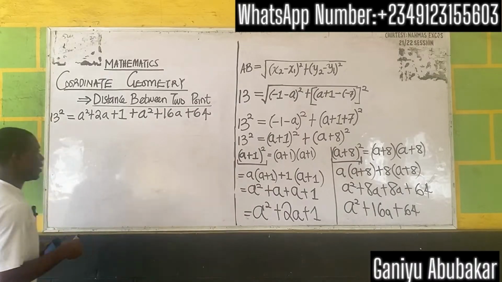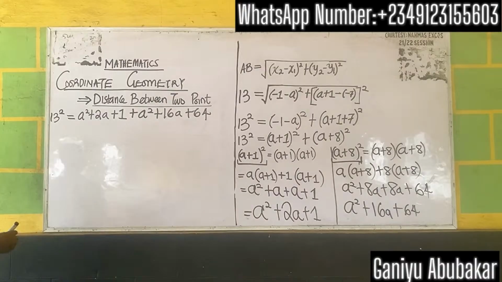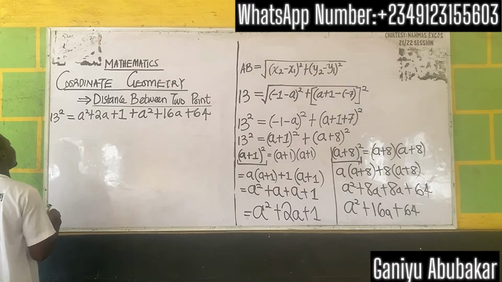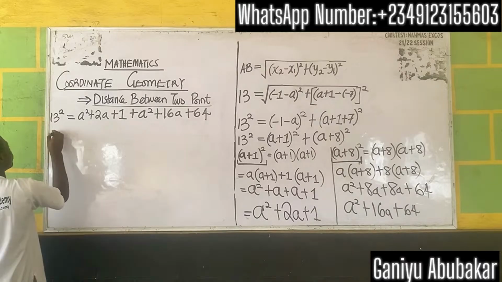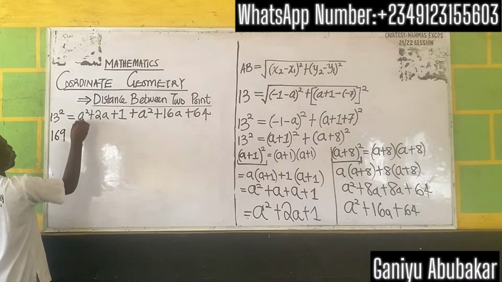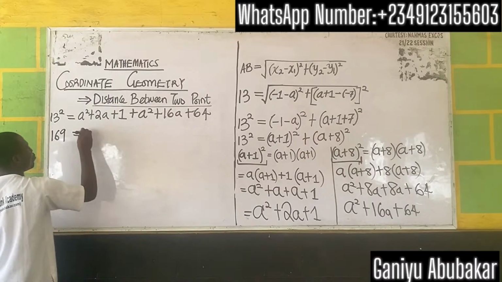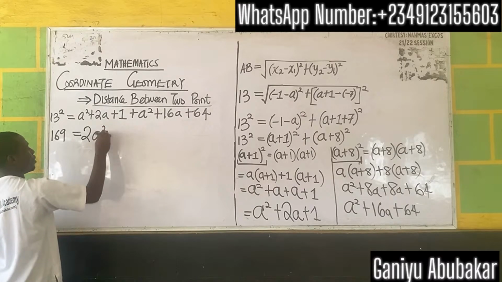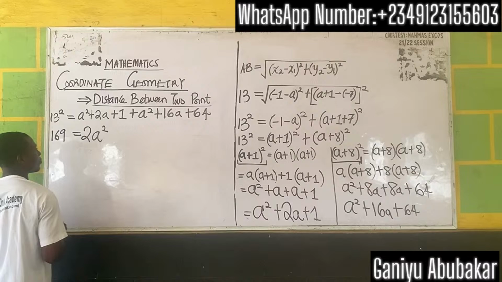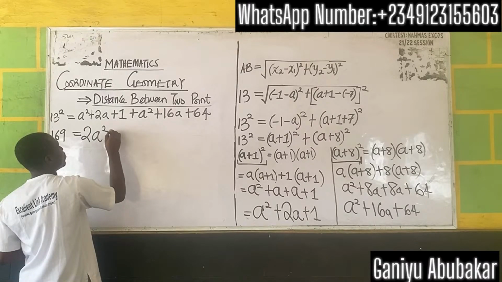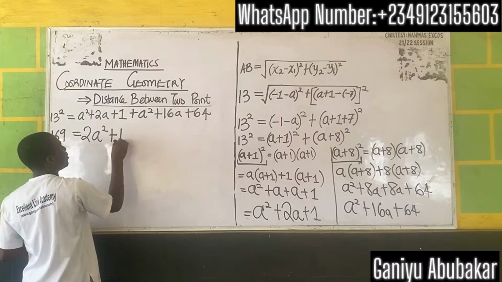My task here is obviously to collect like terms. That's all at this junction here. So don't forget that 13 squared gives you 169, is equal to a squared plus a squared, that gives you 2a squared, plus 2a plus 16a, that gives you 18a.